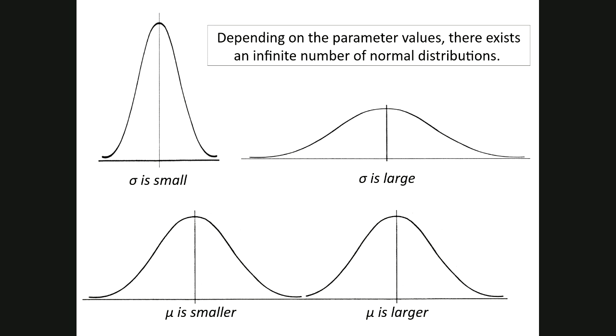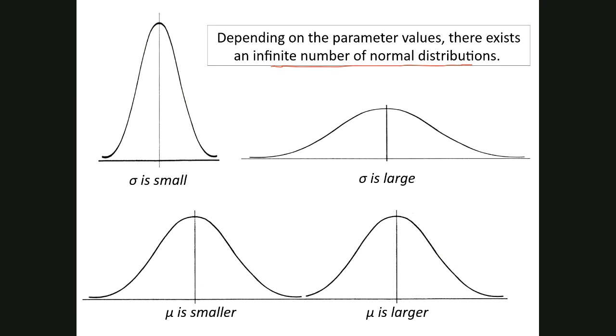One of the things that you'll notice as well is that the parameter values, the mean and the standard deviation, in combination describe an infinite number of different normal probability distributions.